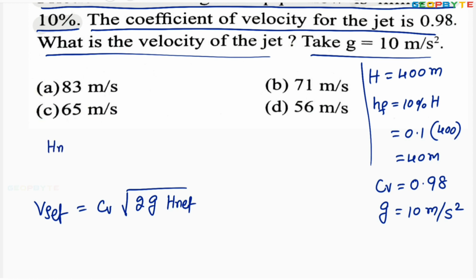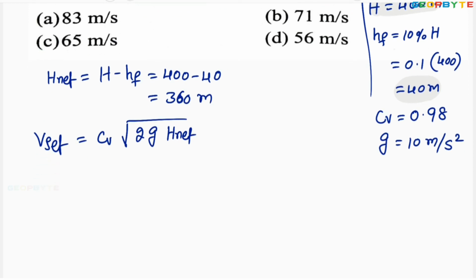The net head is the head at the inlet of the pipe minus the head loss due to friction, which is 400 minus 40, equal to 360 meters.